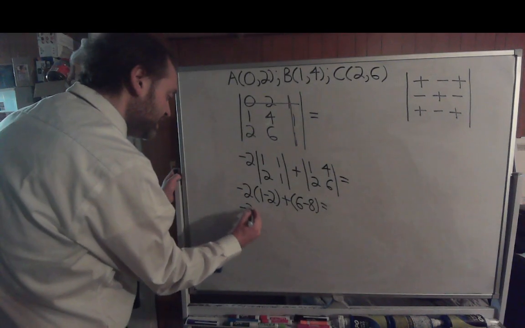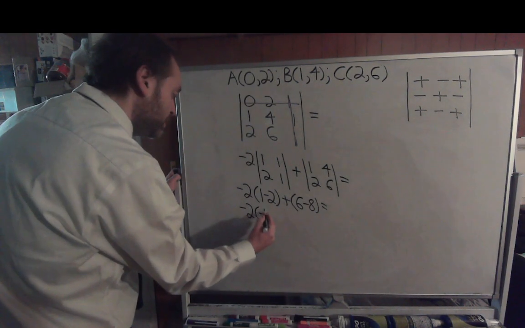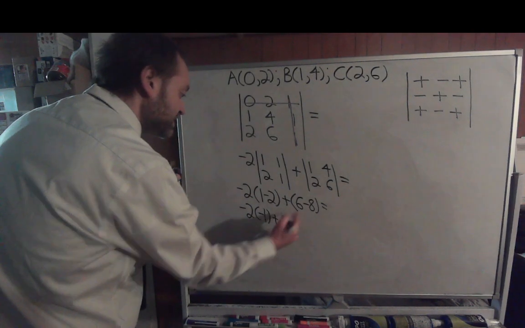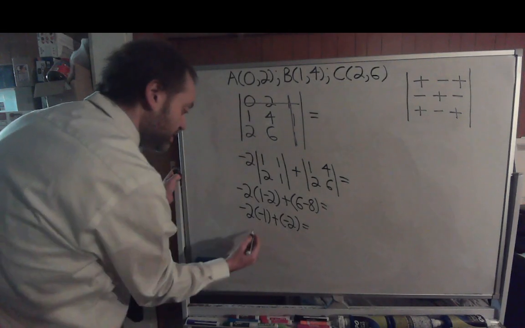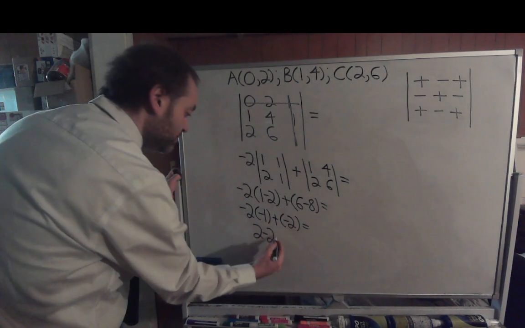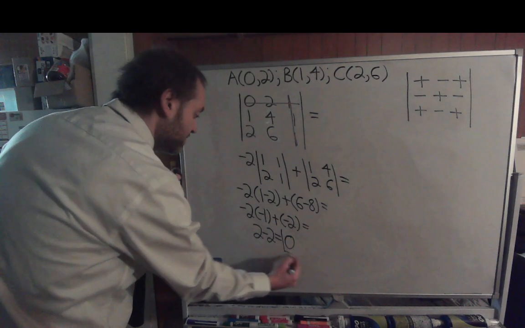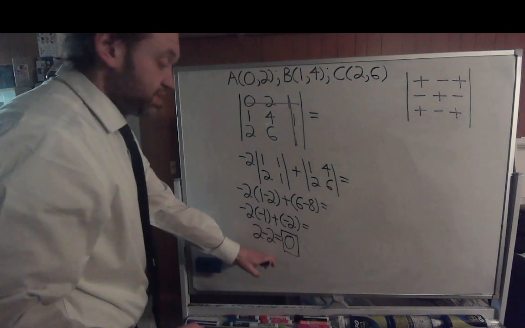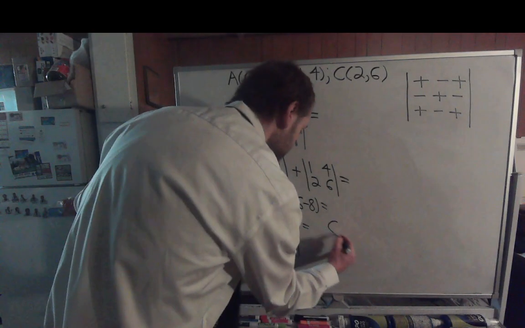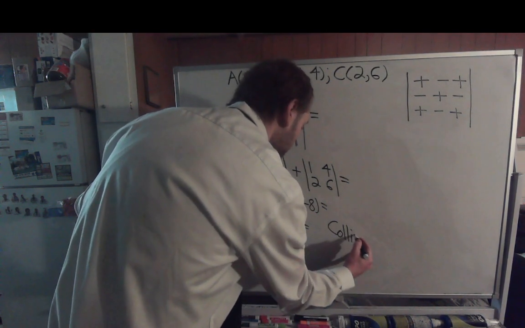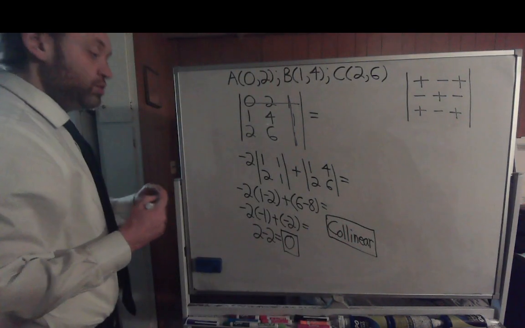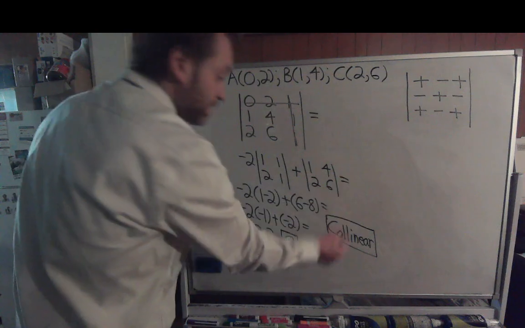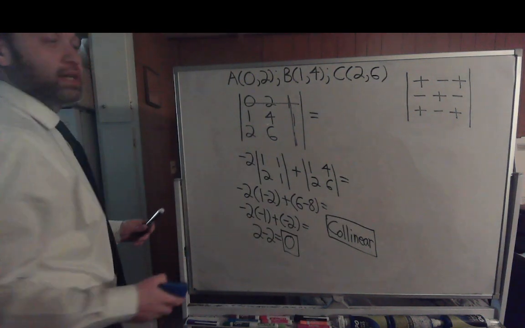So then we have negative 2 times negative 1 plus 6 minus 8, which is negative 2, which will end up giving you 2 minus 2, which gives you a determinant value of 0. So the determinant is 0, so yes, these points are in fact collinear. So we do, in fact, have 3 collinear points out of this, since the determinant is 0.